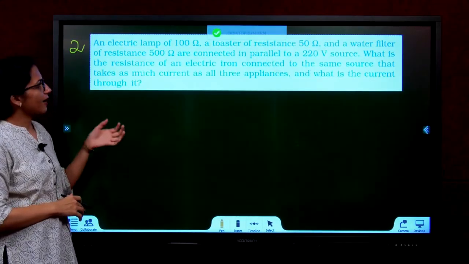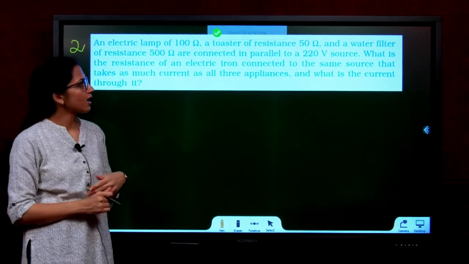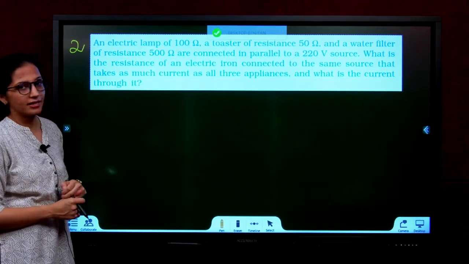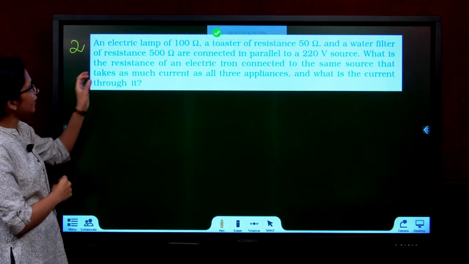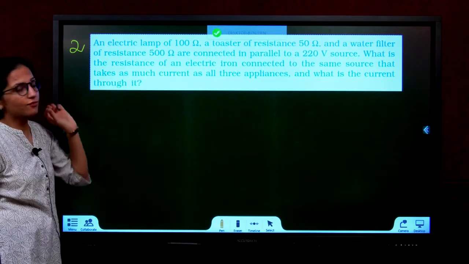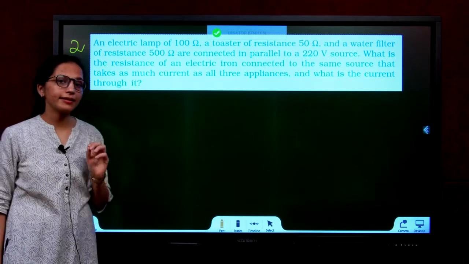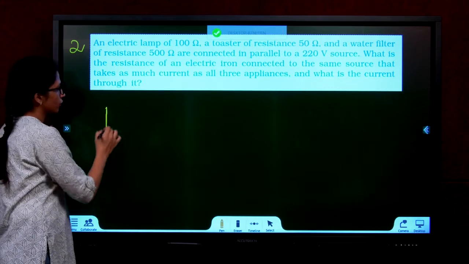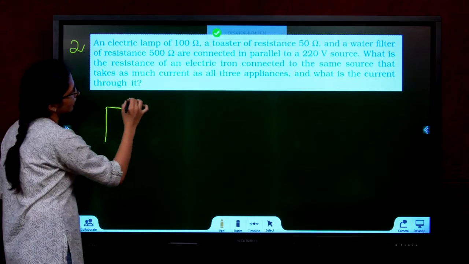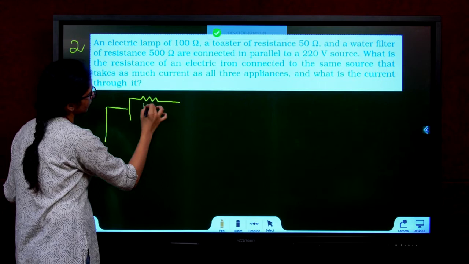An electric lamp of 100 ohms, a toaster of resistance 50 ohms, and a water filter of resistance 500 ohms are connected in parallel to a 220 volt source. Let's try to draw it. So you have an electric lamp of 100 ohms.